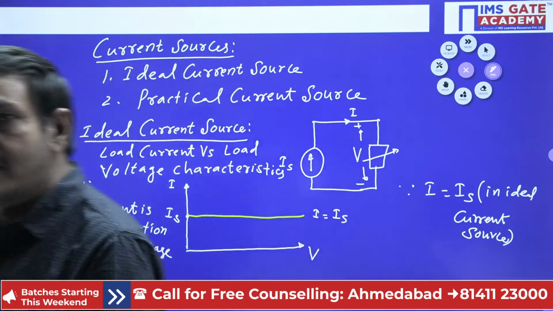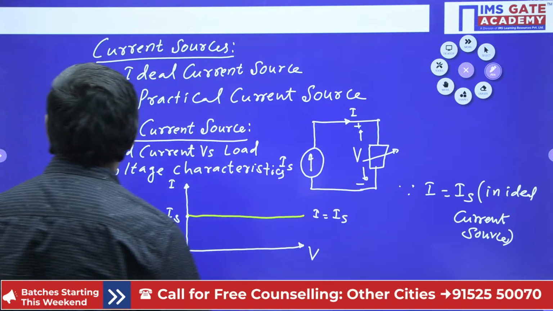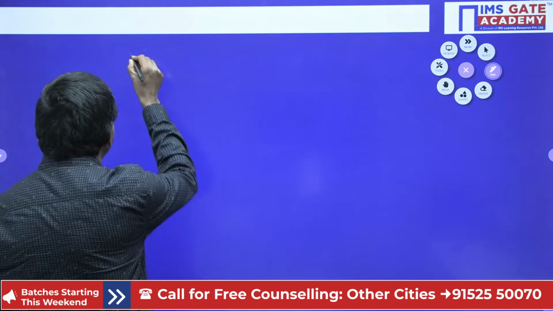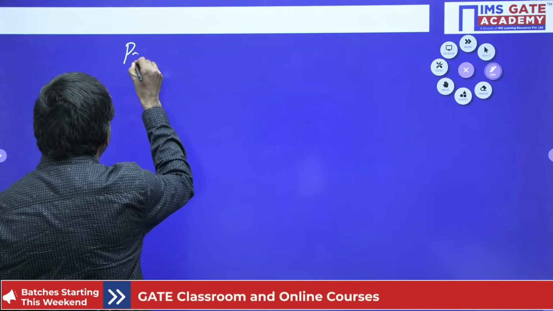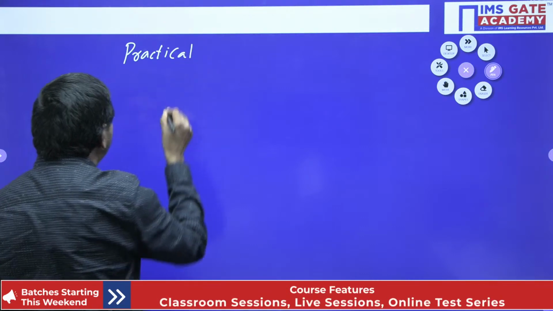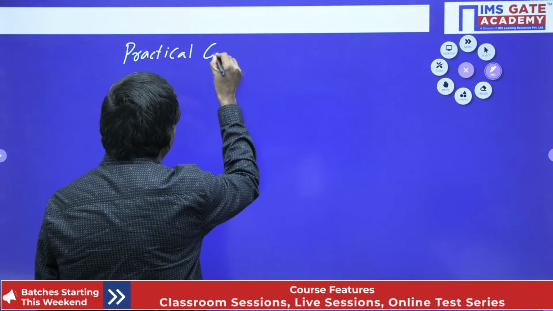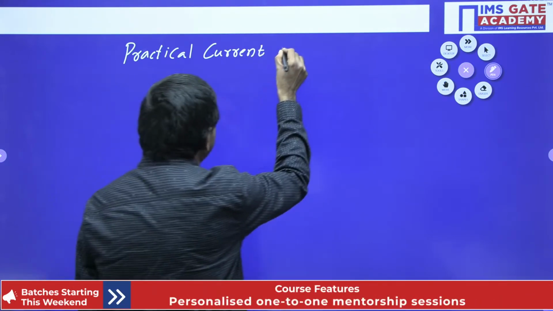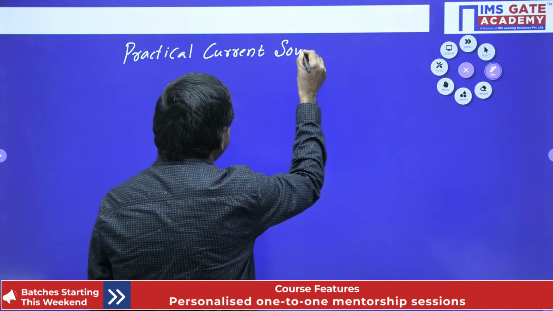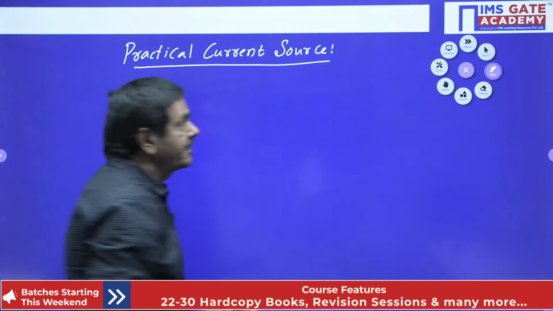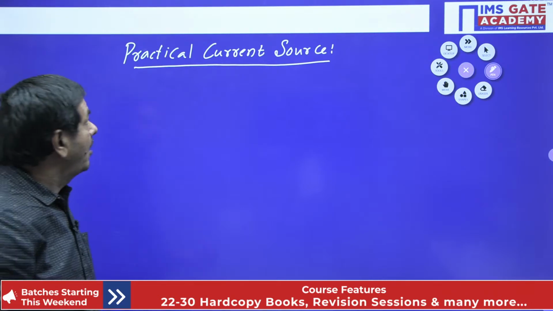Now we can see how the practical current source is plotted. Practical current source, I will note down here. But how can I draw that practical current source?